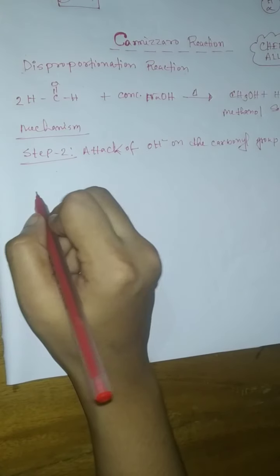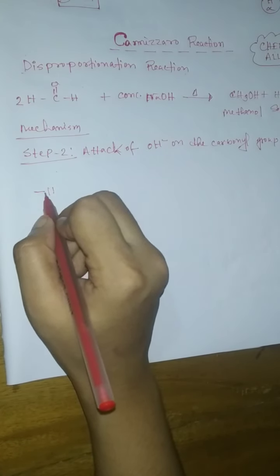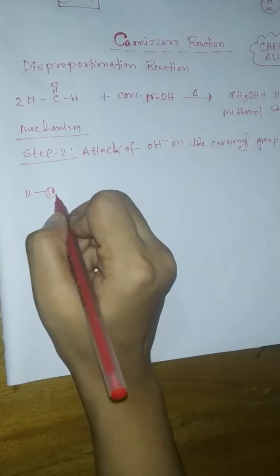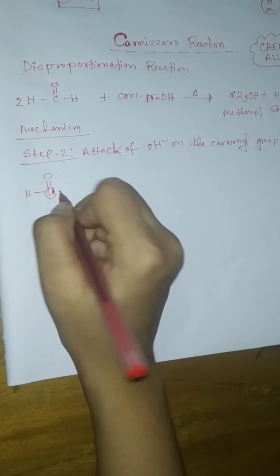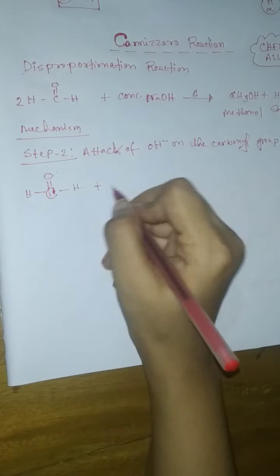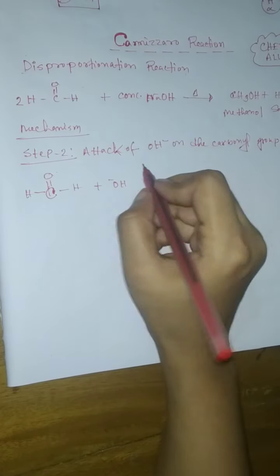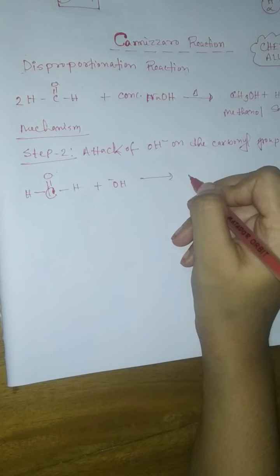Then if we draw this picture in this way, C double bond O, with OH minus, then we will see how this is formed.